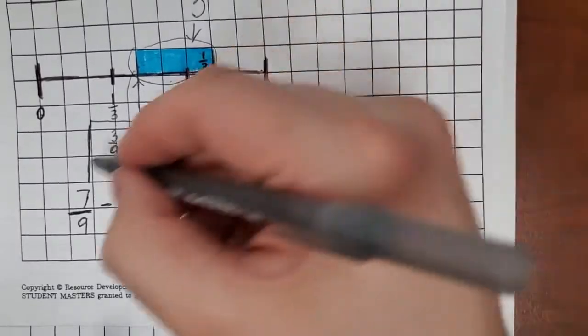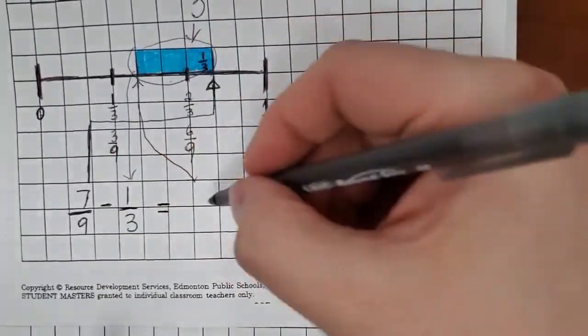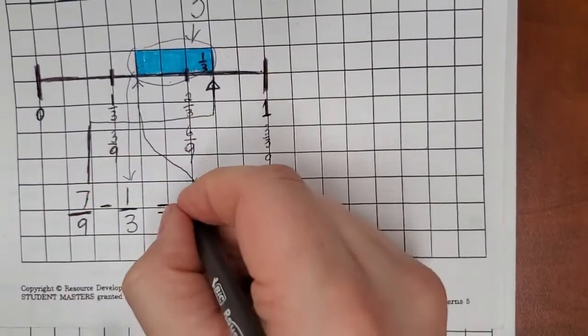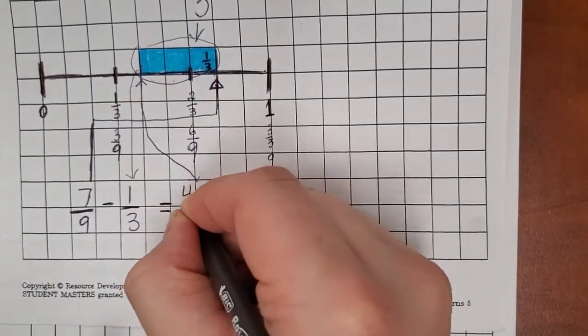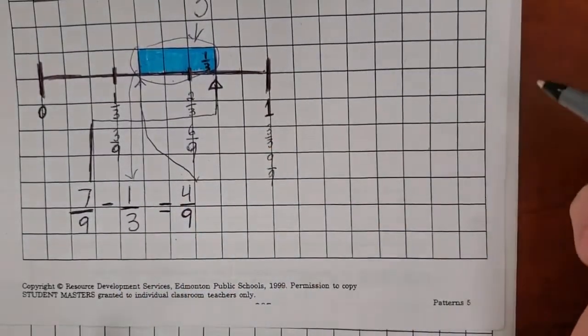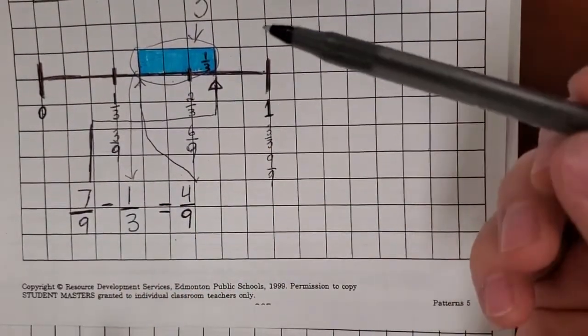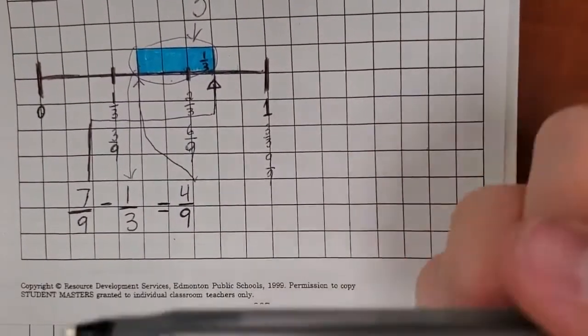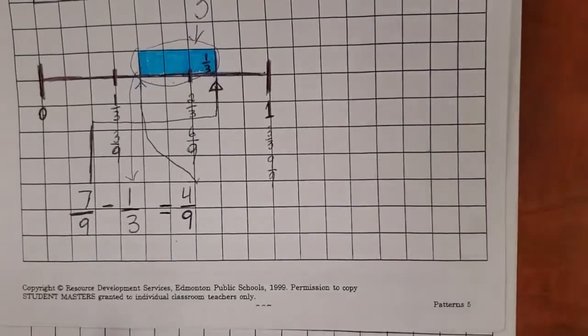This spot, the right spot, is the first one, and whatever this is our answer, which happens to be 1, 2, 3, 4/9. So our answer is 4/9. So that's how we use these fraction strips to figure this out. You're going to need to be able to recognize fraction strips and then just be able to count along a number line, and that's how you're going to need to do it.